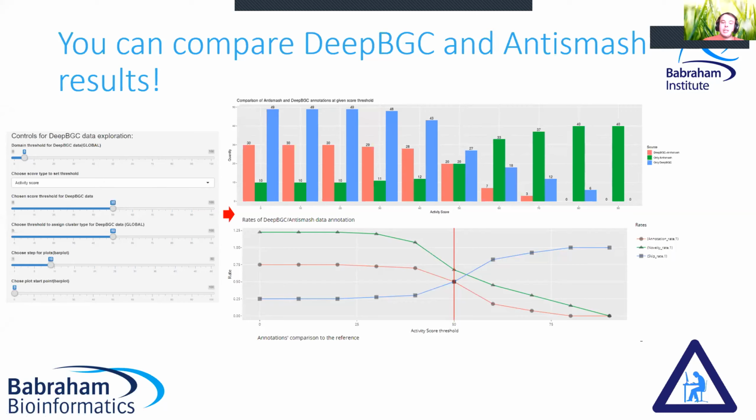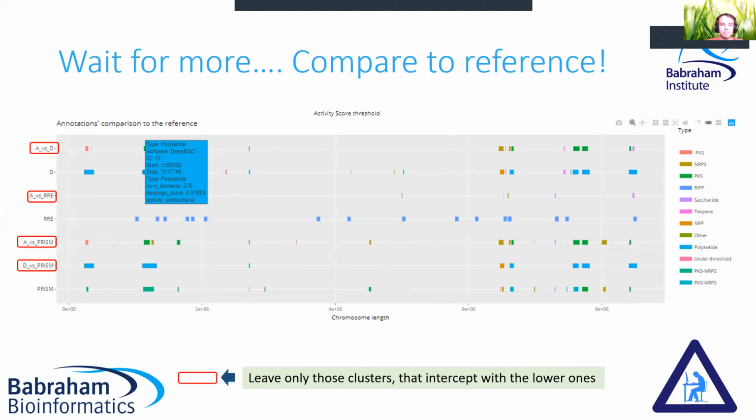So we can visually inspect which threshold you should use to get a few new biosynthetic gene clusters that can then be identified by experimental tools.